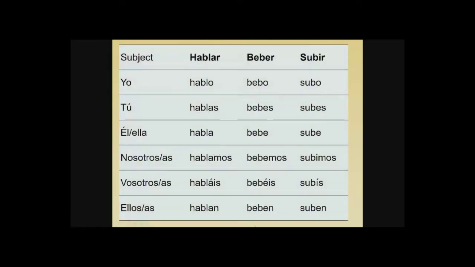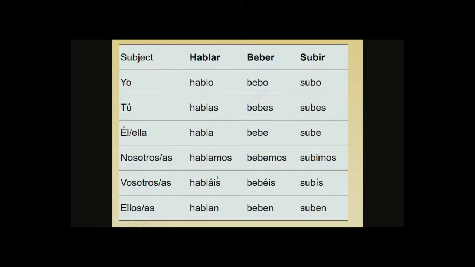So here's an illustrative table of the present indicative. We've got hablar, we've got beber, and we've got subir. So in the first person singular, hablo, bebo, subo. Obviously your O is your first person singular marker in the present indicative.